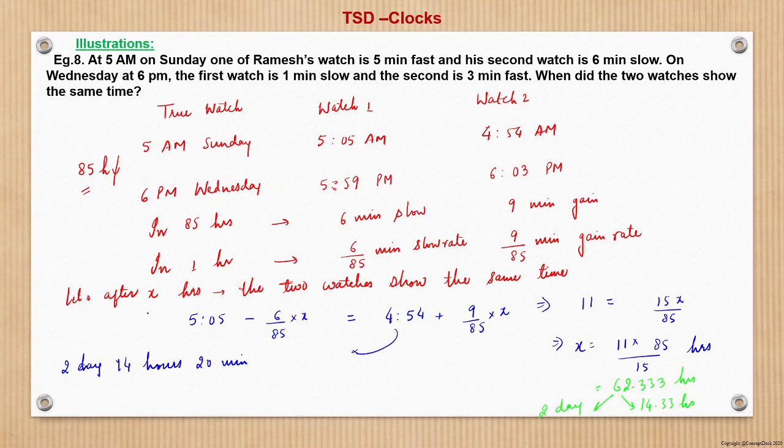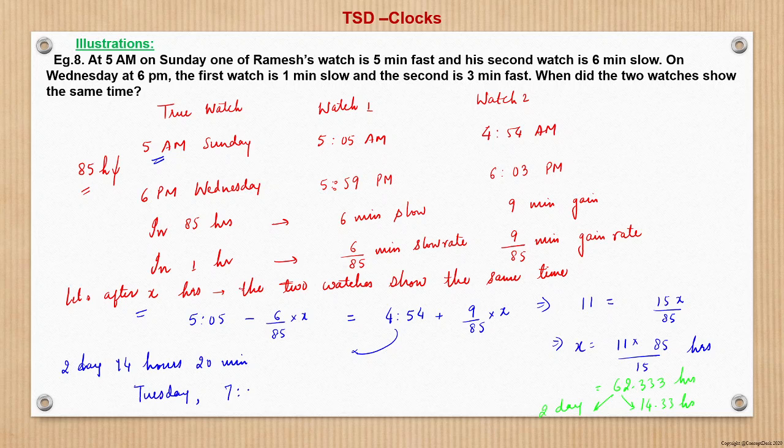So after x hours, what is the time? It was 5 a.m. on Sunday. After 2 days, Sunday becomes Tuesday, and time 5 a.m. plus 14 hours becomes 7 p.m., and 20 minutes.